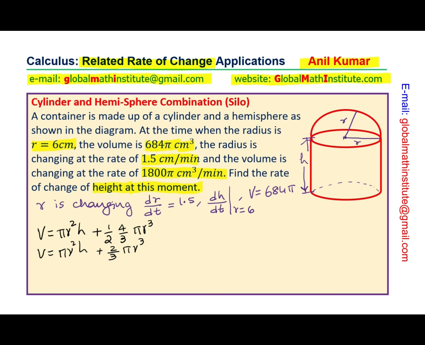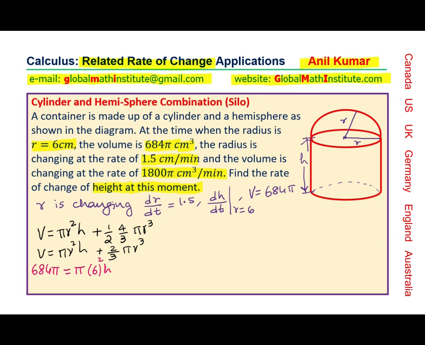Since the volume is 684 pi, let's write down. Radius is 6 for us, so 6 square, height we need to find, plus 2 by 3 pi 6 cube, right? So we get an expression where everything is known to us, pi's will cancel, and we can now find out the value of h.